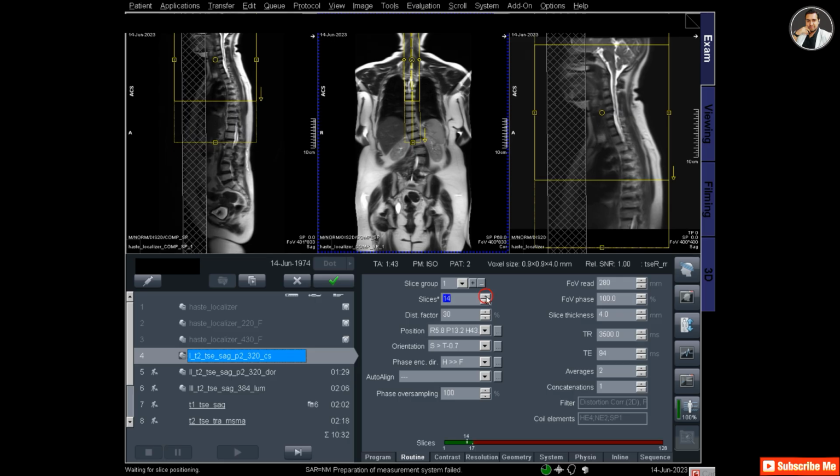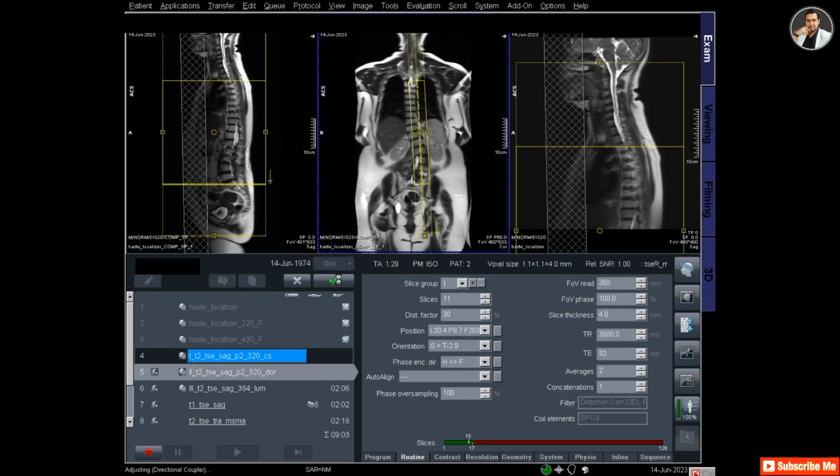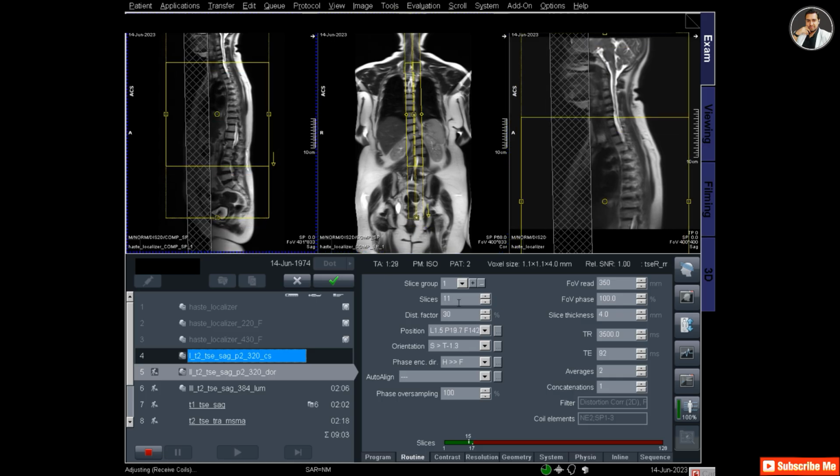One is that you have to keep the positioning block straight in all the steps: cervical, dorsal and lumbar. And the other trick is that you have to increase the slice number so that the slices cover the whole spine from right to left.